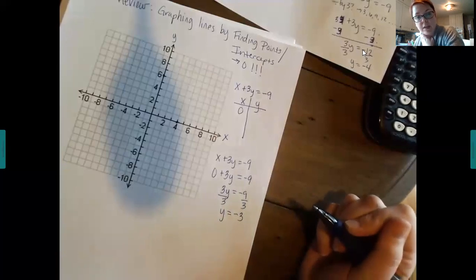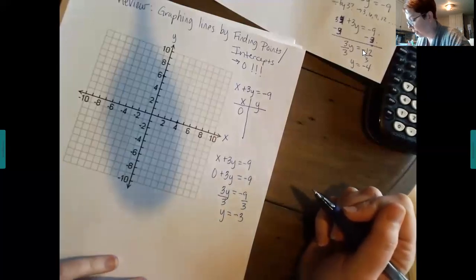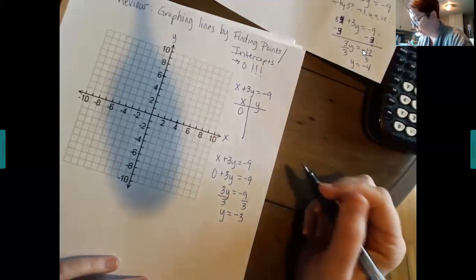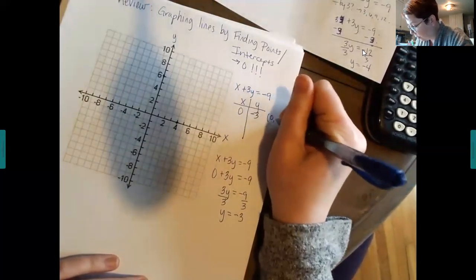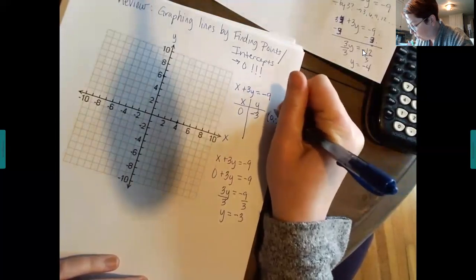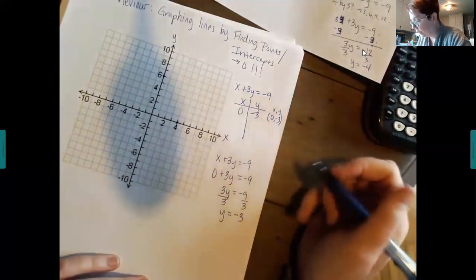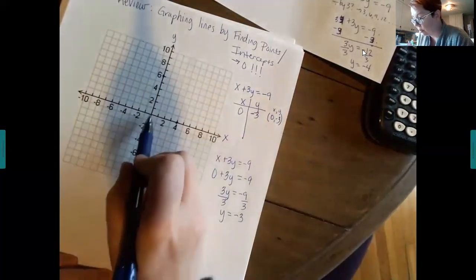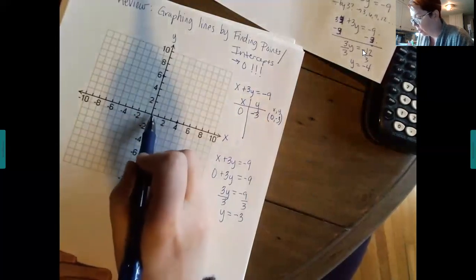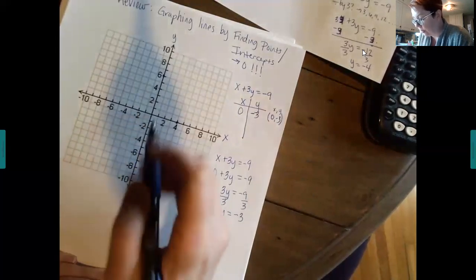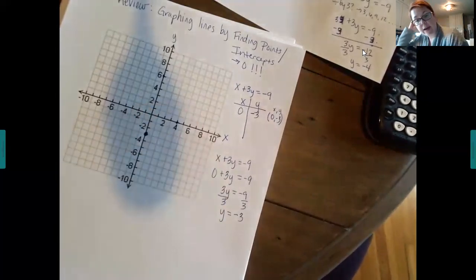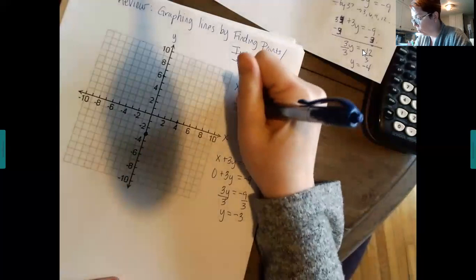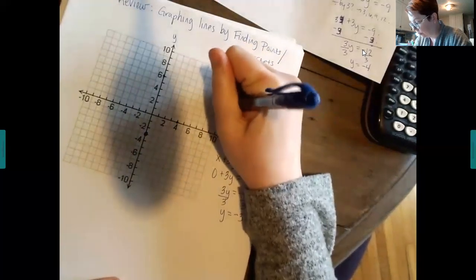So keeping your negatives and positives in check is really important. So that means I have this point. When x is 0, my y is -3. So when x is 0, no left or right, my y is -3, so I'm down here. So that's where it's crossing the y-axis. So this is the y-intercept.